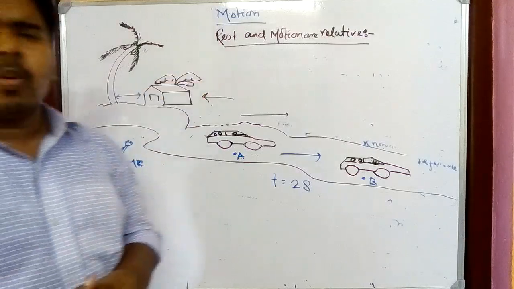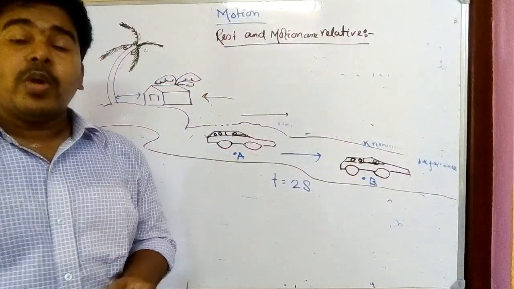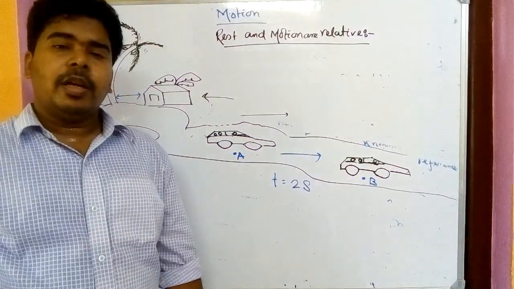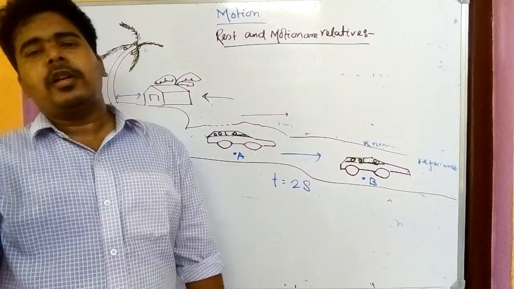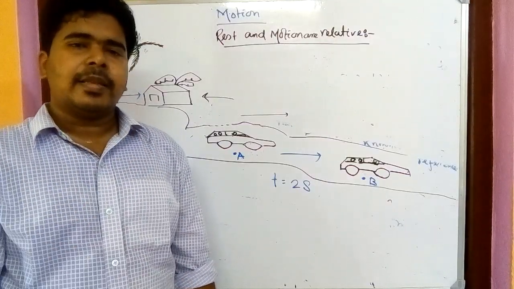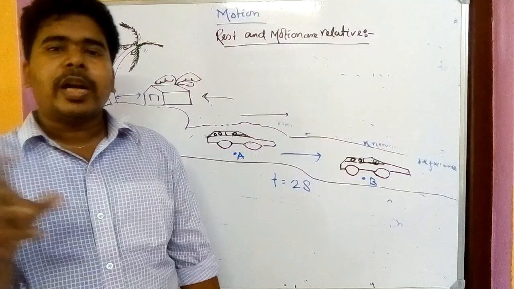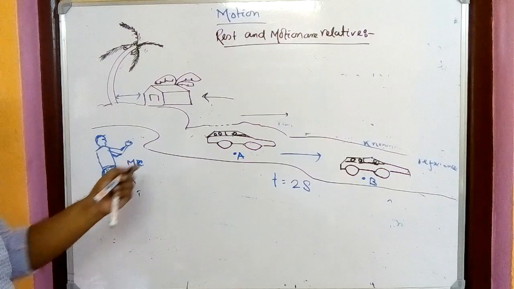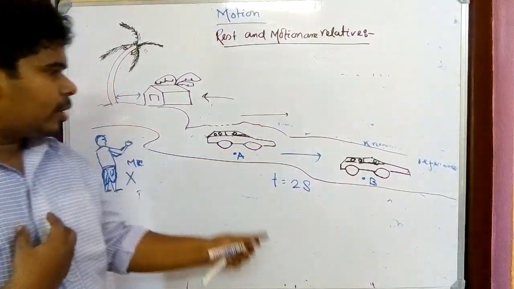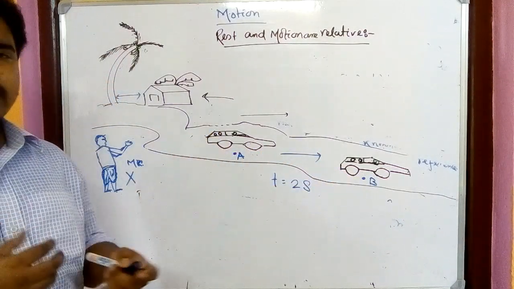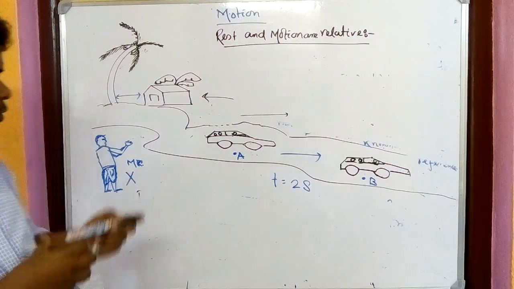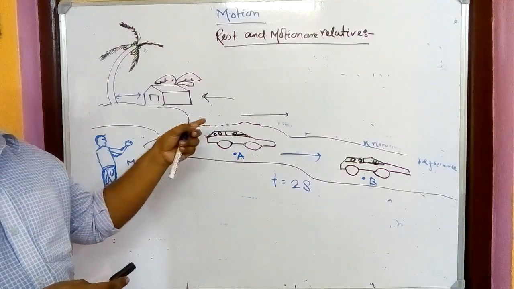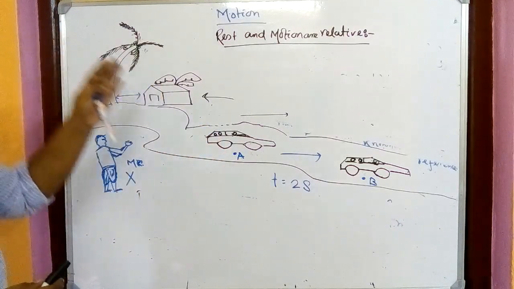So whenever I say the body is in motion, we have to mention the frame of reference, because a different frame of reference changes the state of motion or rest. With respect to me who is standing outside, the car is moving, but with respect to the person, the other men are static inside the car. With respect to me, the tree is static, but with respect to the persons sitting inside the car, the tree is moving backward.